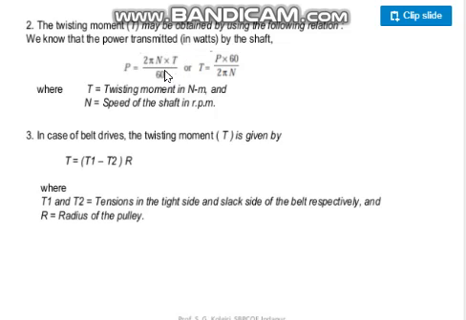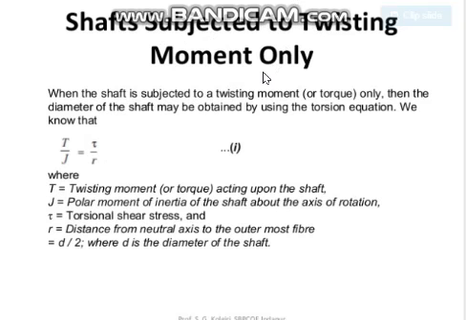So which T is used in this formula? In this formula, the torque used is the mean torque. Sometimes some people may ask whether it is the maximum torque or the mean torque that we use here. You remember that it is the mean torque.